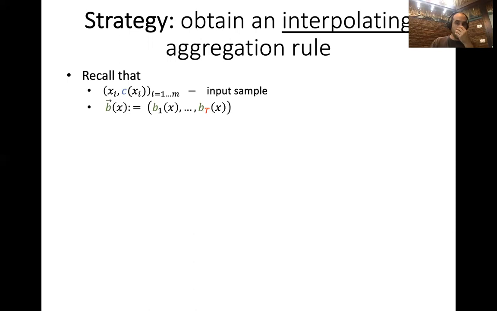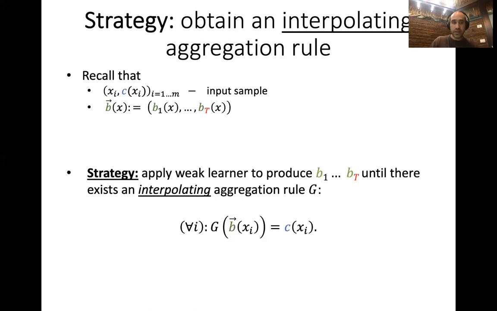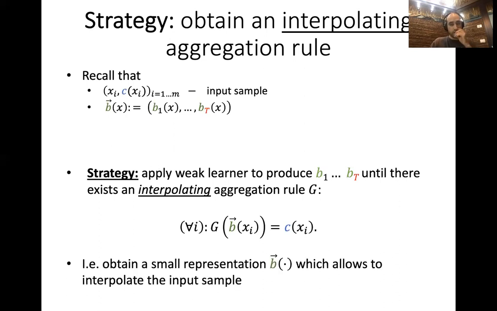And what we will do is try to get the weak learner to produce weak hypotheses until we can aggregate them in a consistent way, in a way that interpolates all the input examples. And the way we achieve it is by separating all opposite labeled pairs.